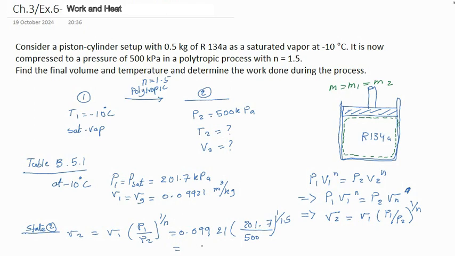This is equal to 0.0542. Now from this value we can calculate the temperature in state 2.